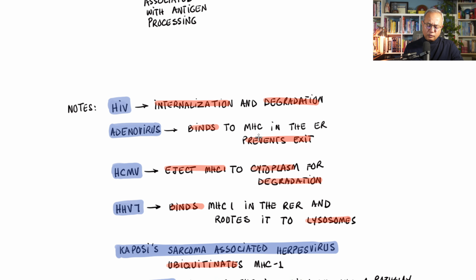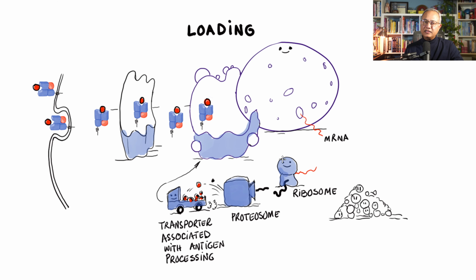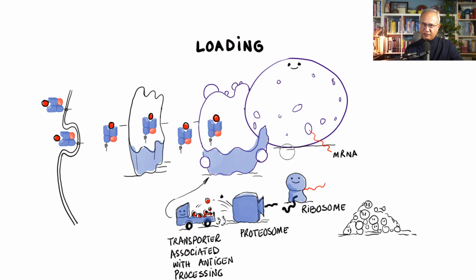Now, some notes to keep in mind. Some viruses play tricks with this MHC I to try to evade immune responses. For example, the HIV virus can trigger the endocytosis of the MHC that are already expressed on the surface, through its Nef protein.